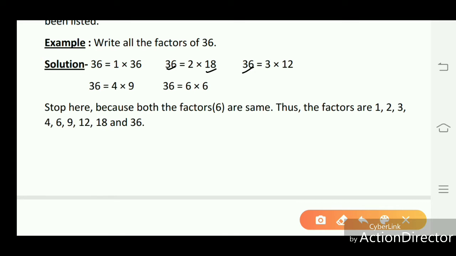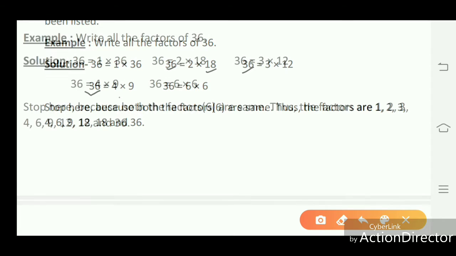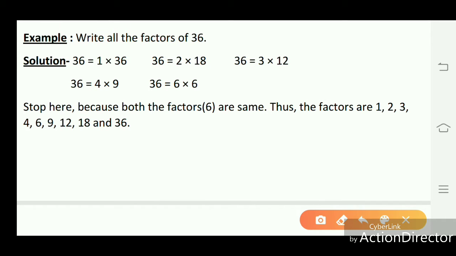So 36 equals 3 into 12, because 36 divided by 3 is 12 times, and 36 equals 4 into 9, because 36 divided by 4 is 9 times, and 36 is not divisible by 5, so we do not write 5 here, and 36 equals 6 multiplied by 6, because 36 divided by 6 is 6 times.